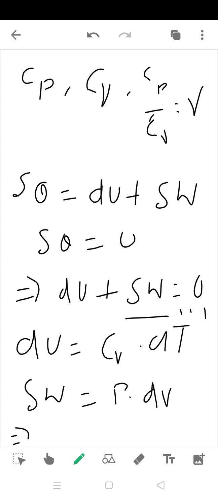Putting the values of dU and del W in equation 1, we will get Cv dT + P dV = 0.